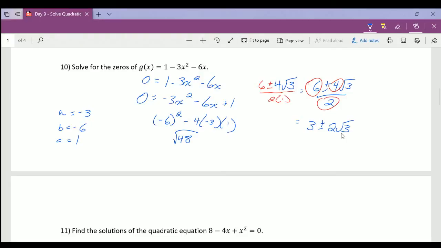If you are looking for it as a decimal, that does end up being approximately 6.46 and negative 0.46. Okay, if that is the way the question that you're presented wants you to answer it.